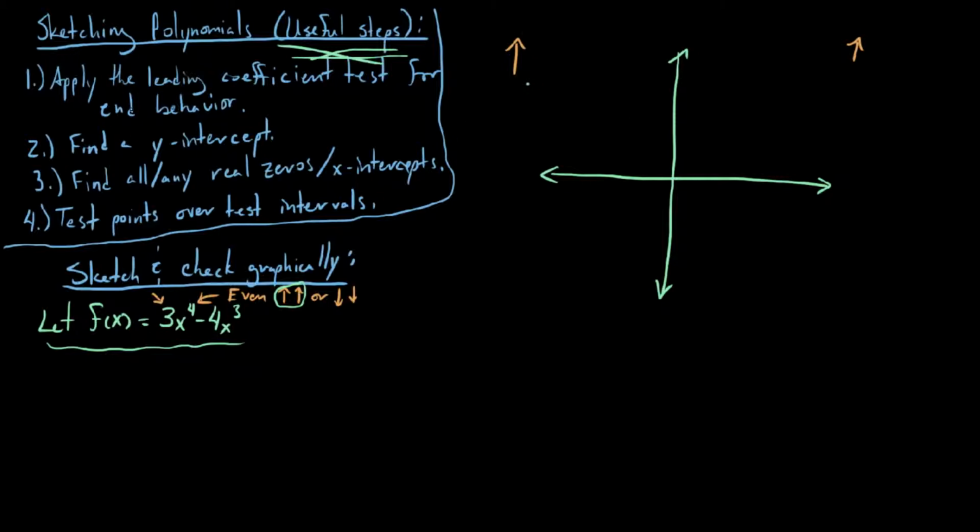Now something else that I didn't list up here in the steps, but we should know, is this. Since it's fourth degree, it can have no more than 4 real zeros. I bring this up because a zero is also an x-intercept, and we're going to be listing that here. If it doesn't have 4 real zeros, the other possibilities are that it has 2 real zeros, or it could have 0.